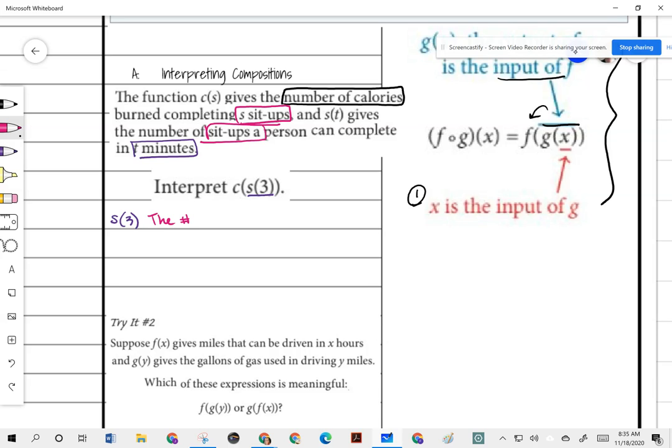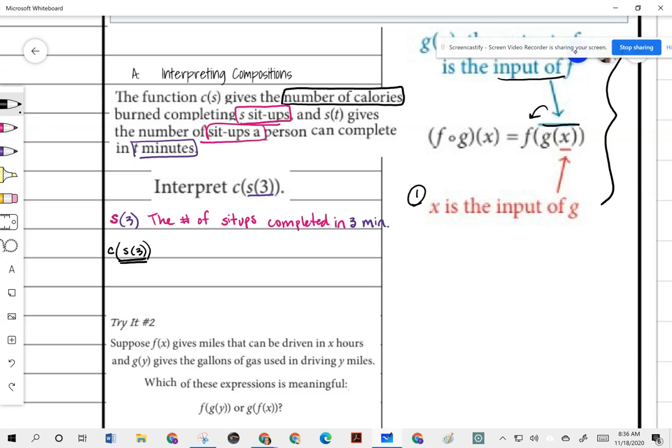The number of sit-ups completed in 3 minutes.